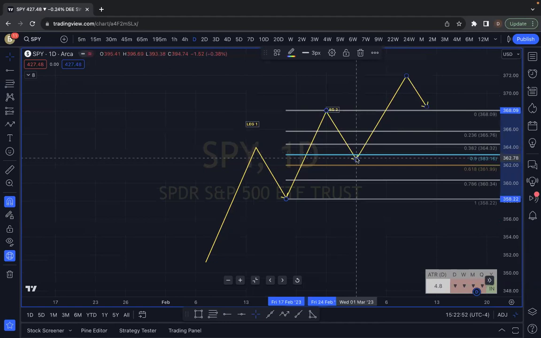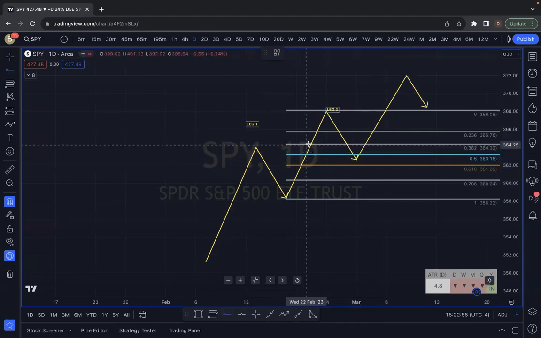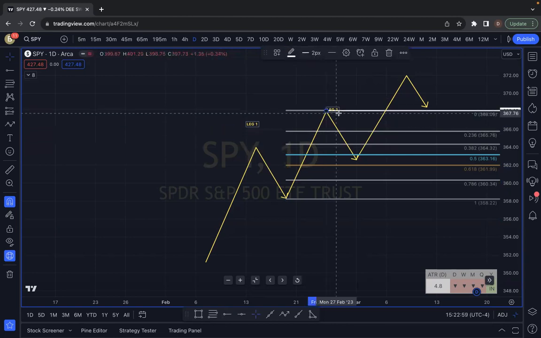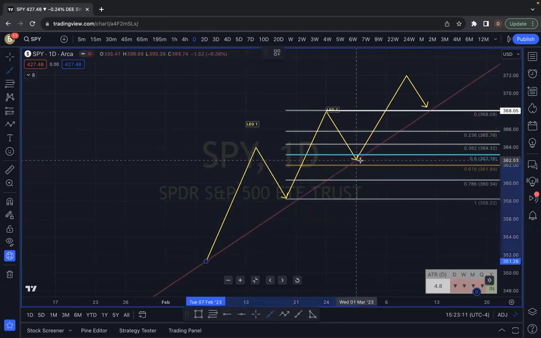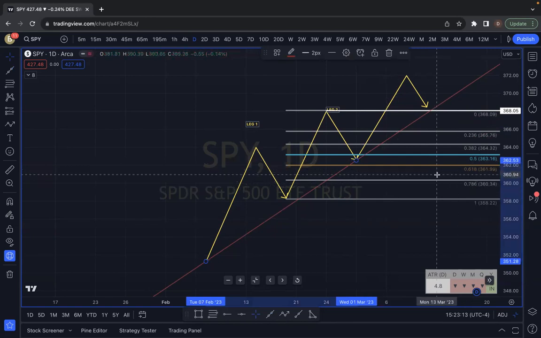We get another reversal candle or reversal pattern. We take it back up. And once again, we want to see it take out this previous high for it to be a successful TTO and continue the trend. If you need to draw trend lines to help you, that is also a smart idea. So you can use it in confluence with your fibs.